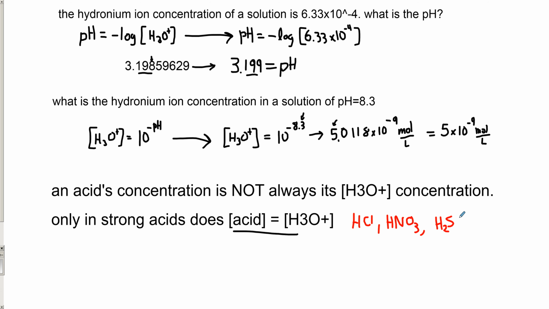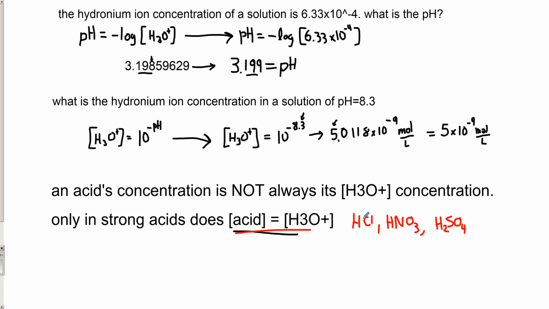What does that mean? It means if you dissolve 1 mole of HCl in a liter of water, you get a 1 mole per liter H3O concentration.